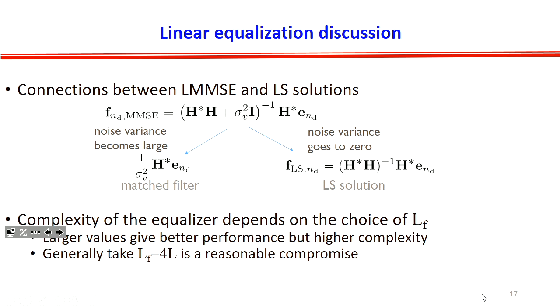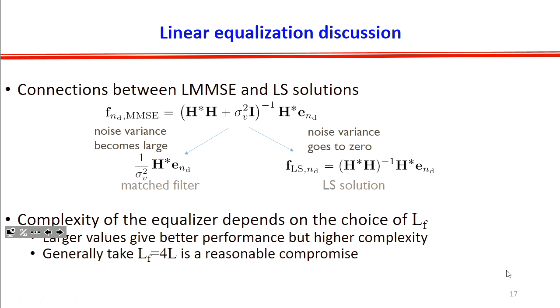Now, the important part is how does it connect back with what we have derived in the past. We are inclined towards least square solution for practical reasons compared to MMSE. So if you want to know why that is important, look at the solution for MMSE at low noise and high noise variance, that is, under high signal-to-noise ratio conditions and low signal-to-noise ratio conditions.